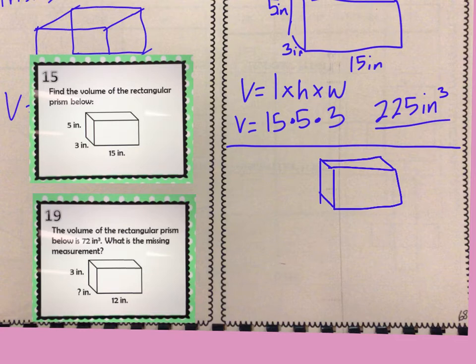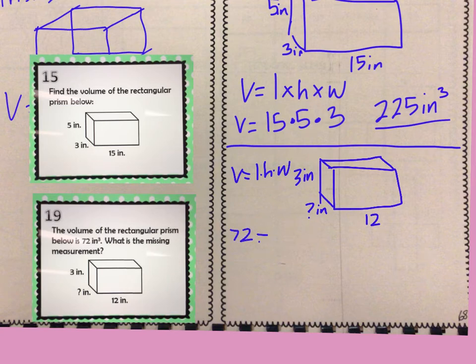So we have that. Now we know that it's 3 inches. We don't know this one. This is a question mark inches. And this is 12 inches. We know that the volume equals 72. So if we're using that same formula of volume equals length times height times width, we can fill in 72 for the V because we know it.